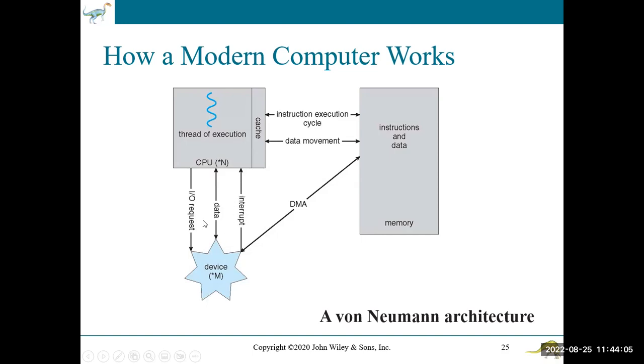IR devices, right? IO requests and interrupts. That's kind of important. And so see here, you see the device going straight to the memory. That's a good overlay of how DMA works on the von Neumann diagram.